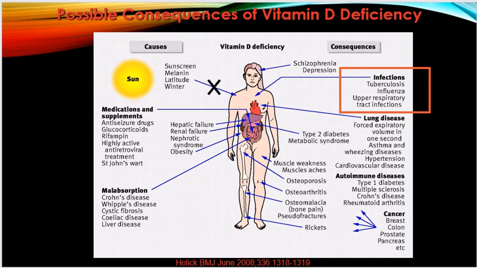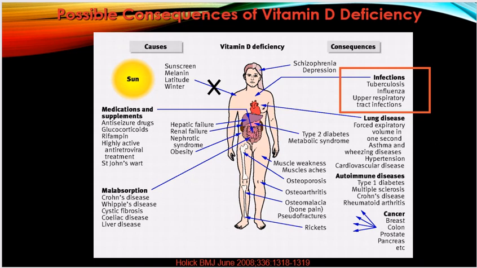Using sunscreens, medications and supplements, and malabsorption syndromes cause deficiency of vitamin D, like excessive use of glucocorticoids, rifampicin, highly active antiretroviral treatment, hepatic failure, renal failure, and nephrotic syndrome.